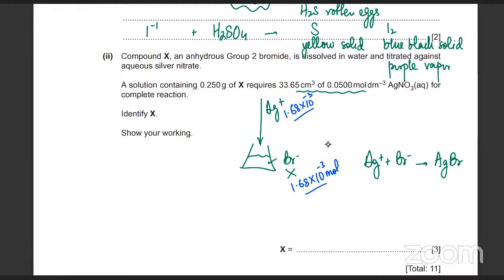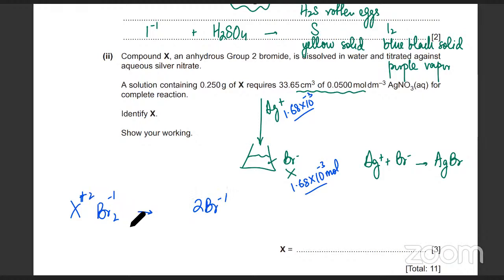And where are all the Br ions coming from? They're coming from a group 2 bromide. A group 2 bromide will have a charge of +2, so the molecule will have 2 Brs. When it ionizes in water, one molecule will produce 2 Br ions because it's a group 2 bromide.